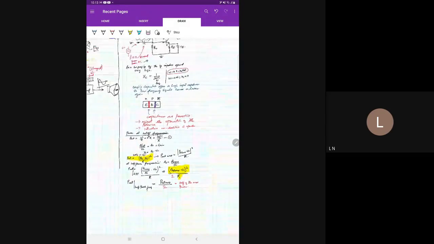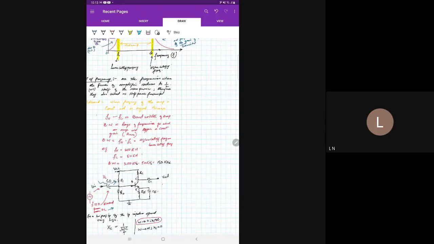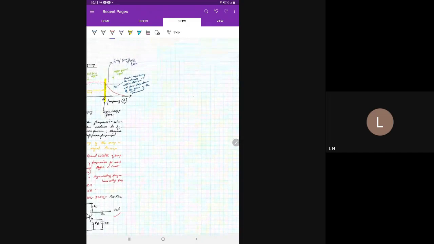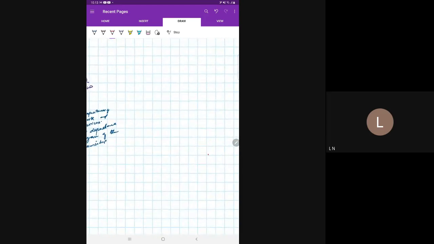Now see, for the amplifier that is shown here, I'll draw this amplifier once again, then we'll discuss it. Let me draw this amplifier once more.